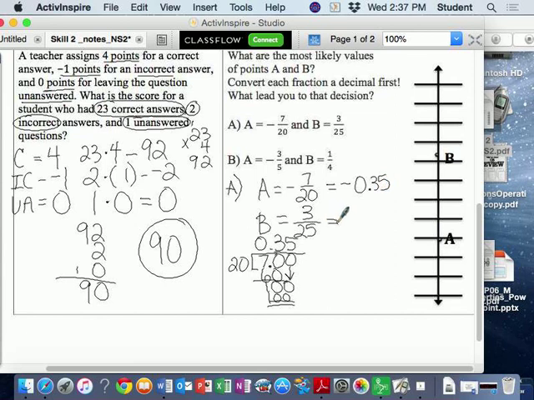Point B, we need to divide 25 into 3. 25 cannot go into 3, so we need to add our decimal, add a 0. 25 goes into 30 one time. 1 times 25 is 25.